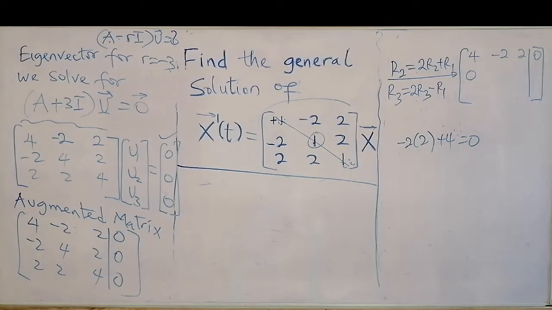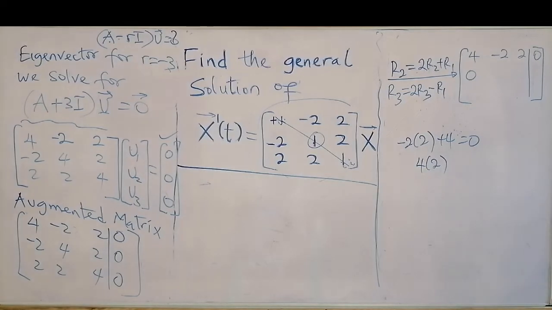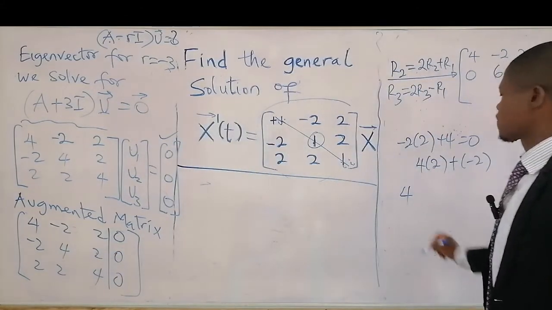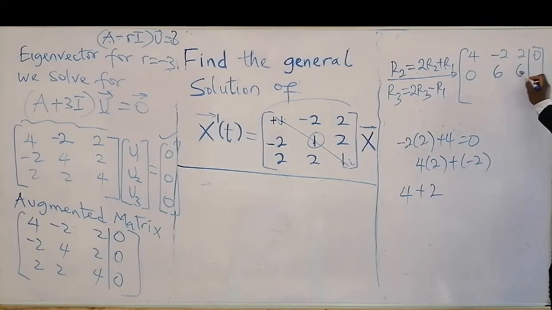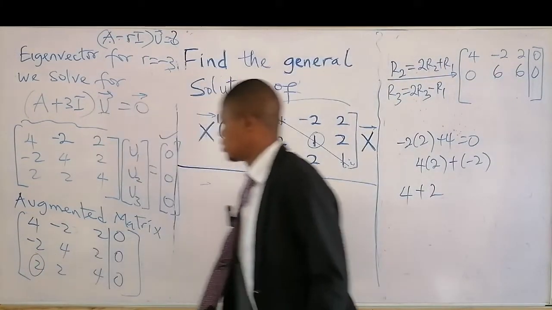Then the second element in row 2, that's 4 times 2, then plus minus 2. That's what? Now it's 6 here. Then the third in the second row, the third element there, times 2, that's 4, plus 2, that's 6. And this will be 0 plus 0, that's 0. Then row 3 now, 2 times row, this will be here, times 2, that's 4.